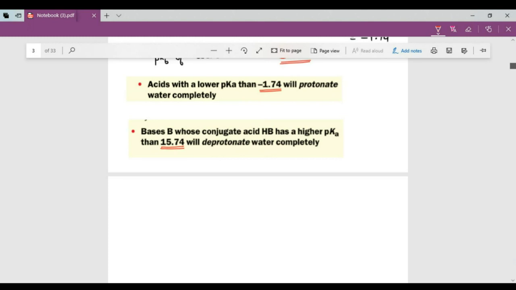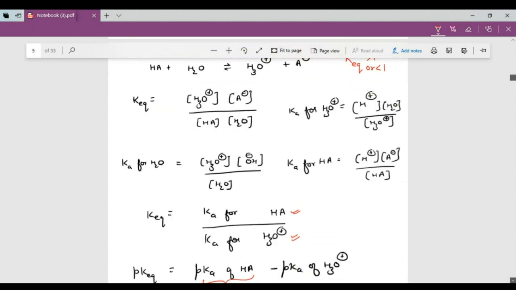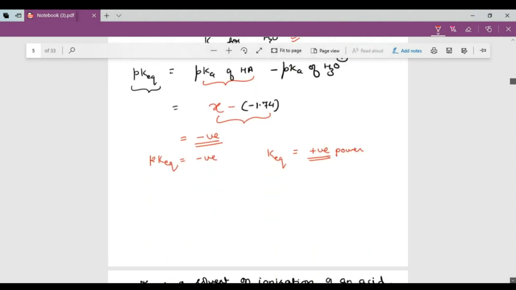That is, they will abstract H plus from water completely. Correct? So this is how the chemistry of acidity and basicity can be related.